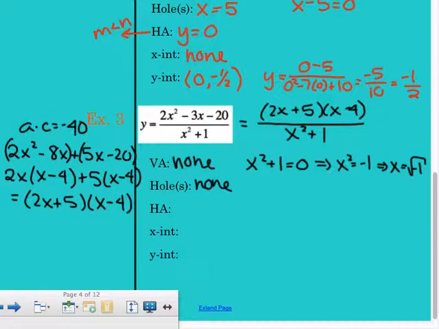The horizontal asymptote, you're going to take the numerator and set it equal to 0. So you're actually going to have 2 of them.